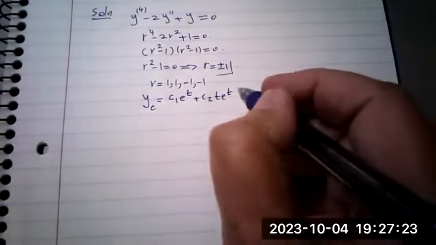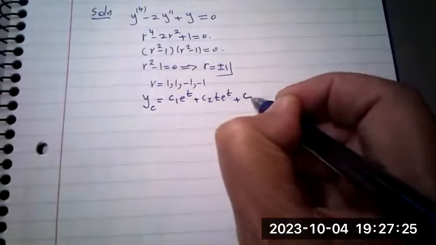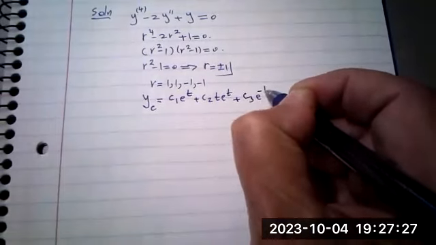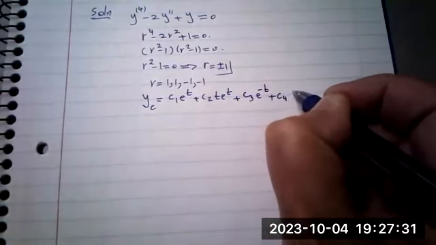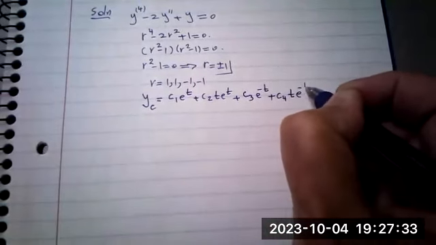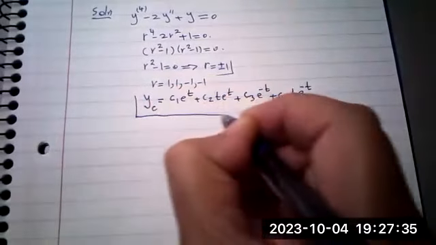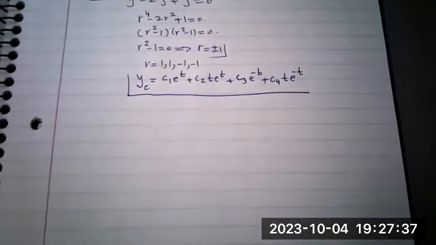Now r equal to negative 1: C3 e to the negative t, repeated, C4 t e to the negative t. So this is going to be yc, because we need to have 4 solutions. The characteristic values are repeated, so this is the way we write it. Any question?